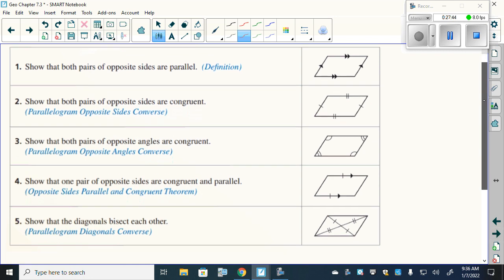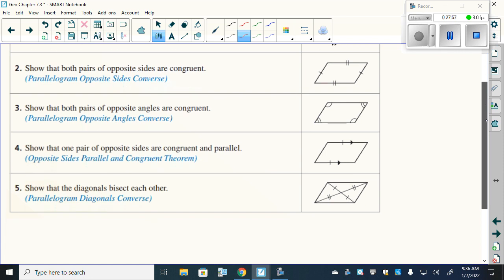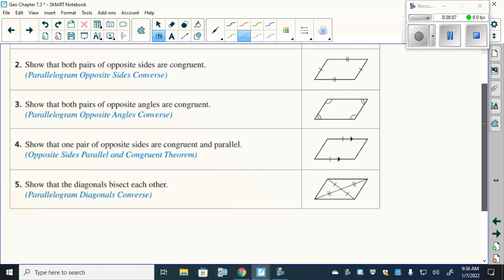So, ways to prove that a quadrilateral is a parallelogram. One is just by the definition, because if we have two pairs of parallel lines in a four-sided figure, then it's a parallelogram. Show that both pairs of opposite sides are congruent. If we can show that the opposite angles of a quadrilateral are congruent, then it's a parallelogram.